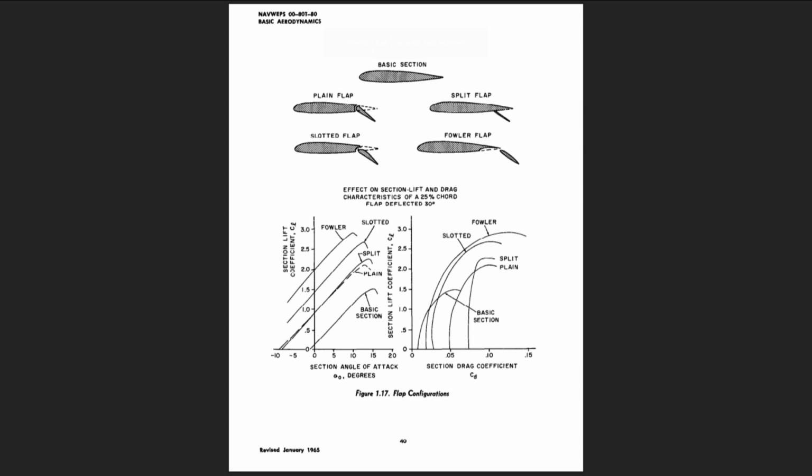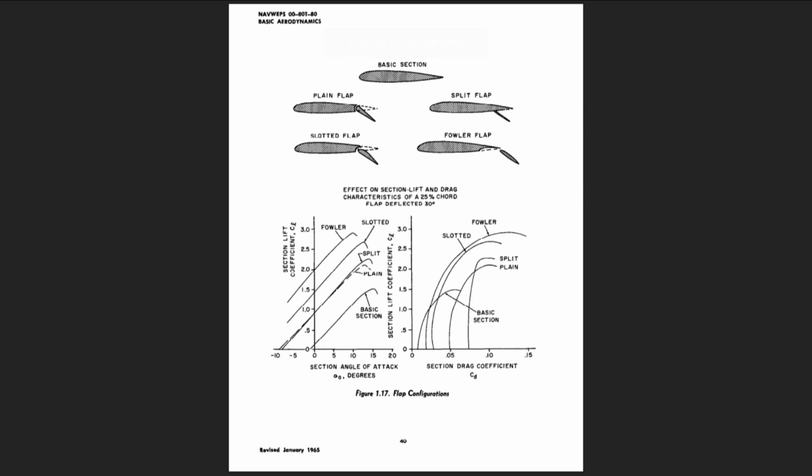The plane flap shown in figure 1.17 is a simple hinged portion of the trailing edge. The effect of the camber added well aft on the chord causes a significant increase in CL max. In addition, the zero lift angle changes to a more negative value, and the drag increases greatly.